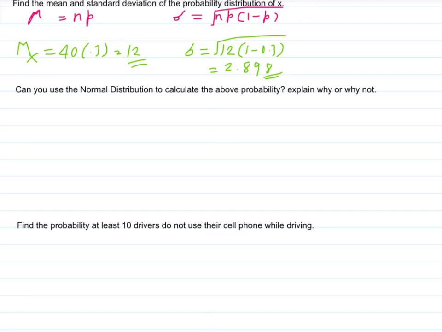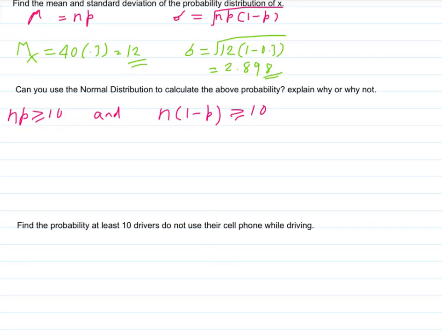Before we use the normal approximation for the binomial distribution, we should check two conditions. np should be greater than or equal to 10, and n(1 minus p) should be greater than or equal to 10.